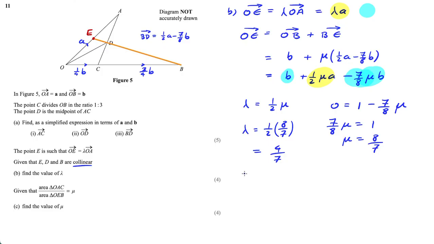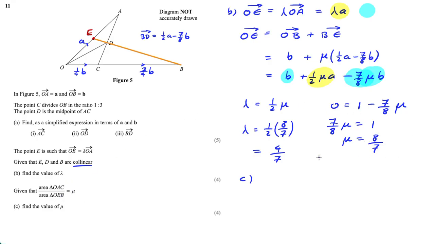Okay, finally, part C. Given that the area of triangle OAC, so that's this triangle here, over the area of triangle OEB is equal to mu, find the value of mu. Okay, now guys, I use mu here.